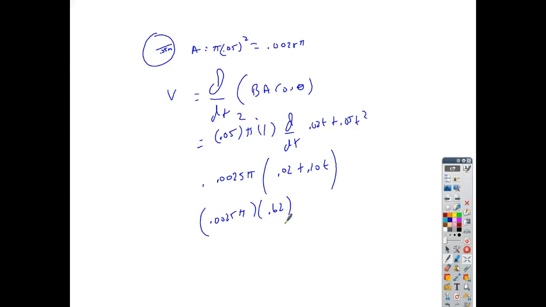And I don't know what that is, but it's a number bigger than 3. No, it's not. Smaller than 3. 0.0025 pi times 62 divided by 100.